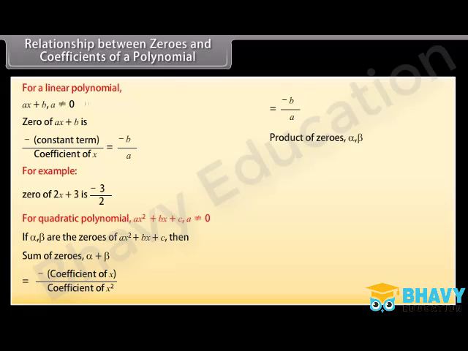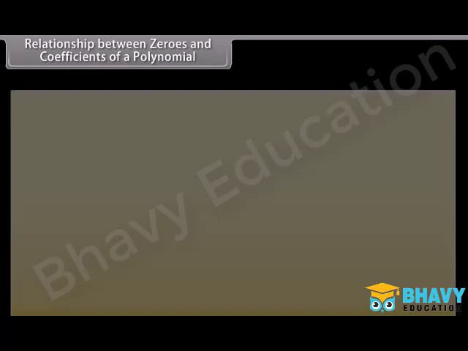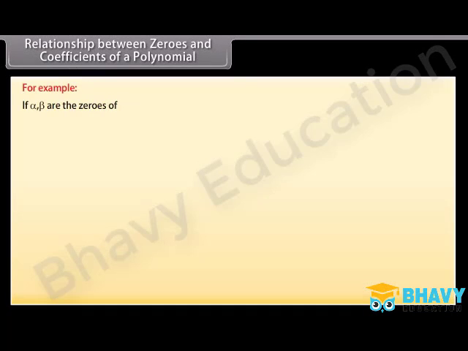The product of zeros, alpha beta, is equal to constant term upon coefficient of x square, which is equal to c upon a. For example, if alpha, beta are the zeros of 2x square plus 3x plus 2, then alpha plus beta is equal to minus 3 upon 2, and alpha beta is equal to 2 upon 2, which equals 1.